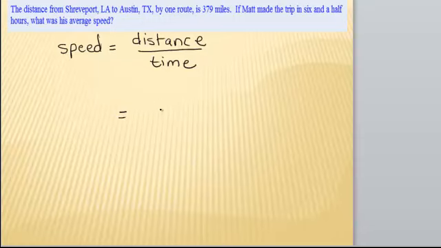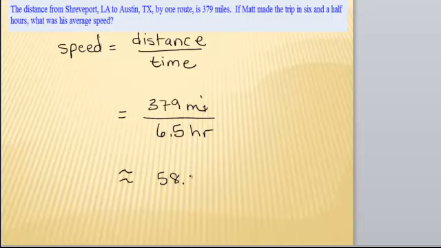So his speed would be equal to 379 miles divided by 6.5 hours. Well, let's divide that and see what we get. 379 divided by 6.5 is approximately 58.3. Since it didn't tell us what to round to or even to leave it as a fraction, we'll just round it to one place.